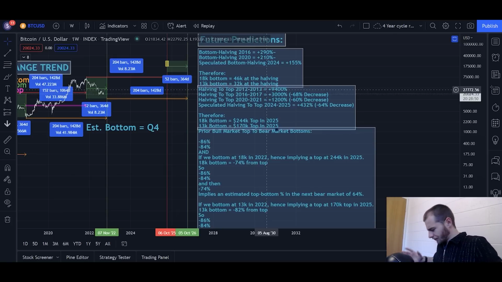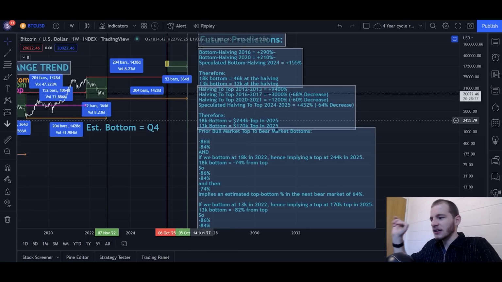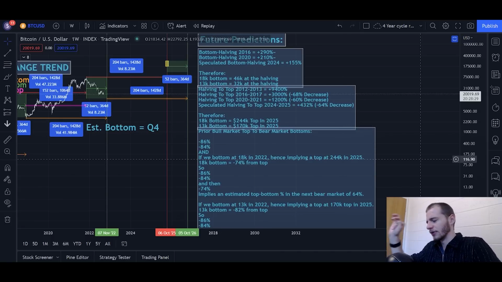So you can see, the lower we bottom out in this cycle, the lower the next bull market top is going to be, because the whole mathematical equation gets diminished, right, the lower we go. So again, an 18K bottom in Q4 this year would be a 244K top in October 2025. A 13K bottom in Q4 this year would be a 170K top in October 2025, okay?